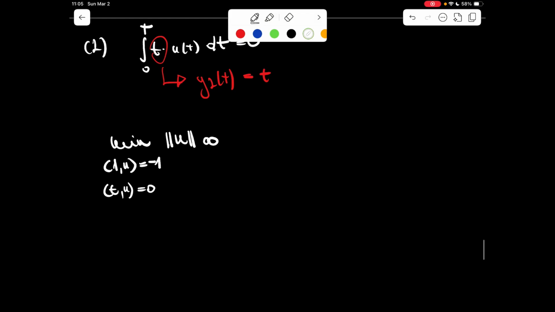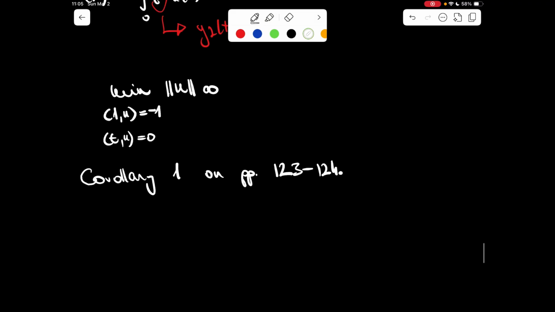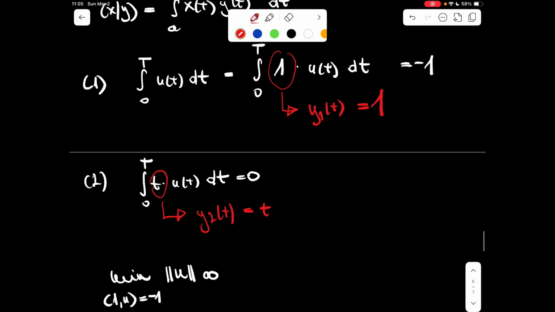So let's turn to corollary 1 on page 123, 124. So let's turn this minimum problem into maximum problem. We have this vector. This is C1, this is C2, right?